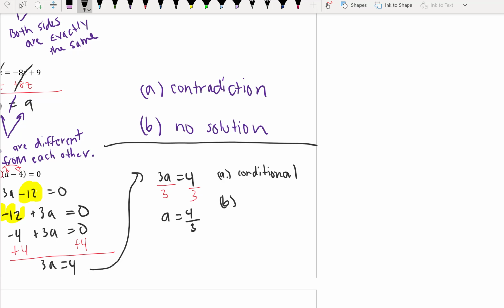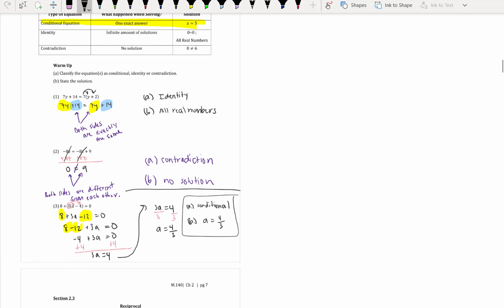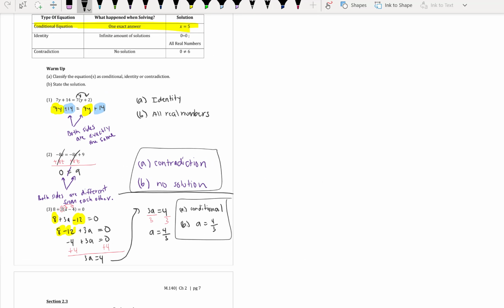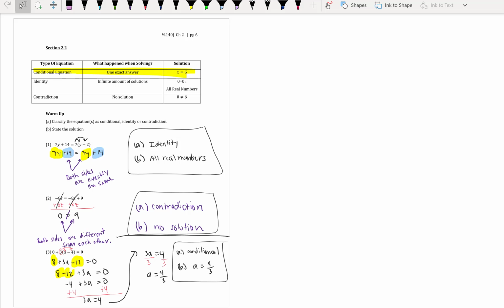And for part B, the actual value is what you already found, which was a is equal to 4/3. So that ends up becoming your answer. a is equal to 4/3. And so that is the end of section 2.2.